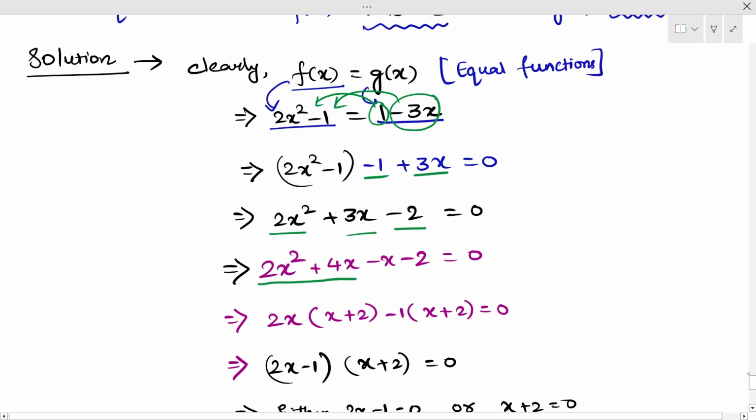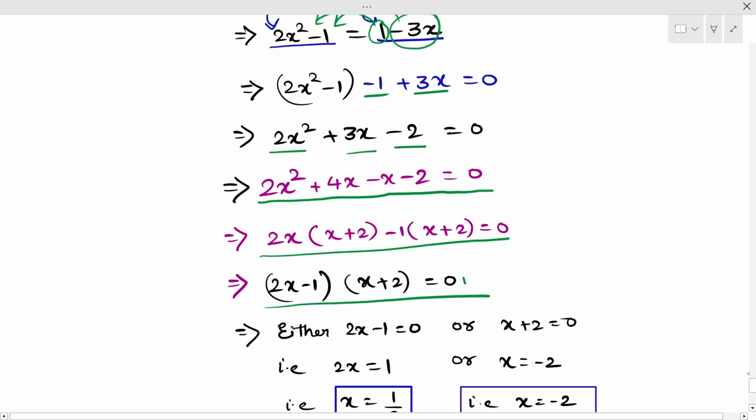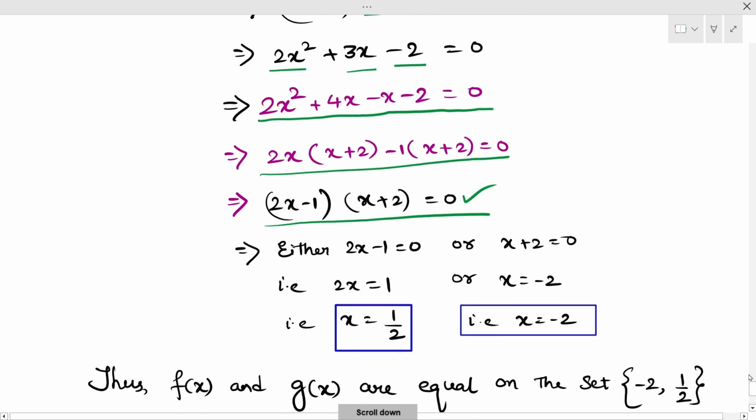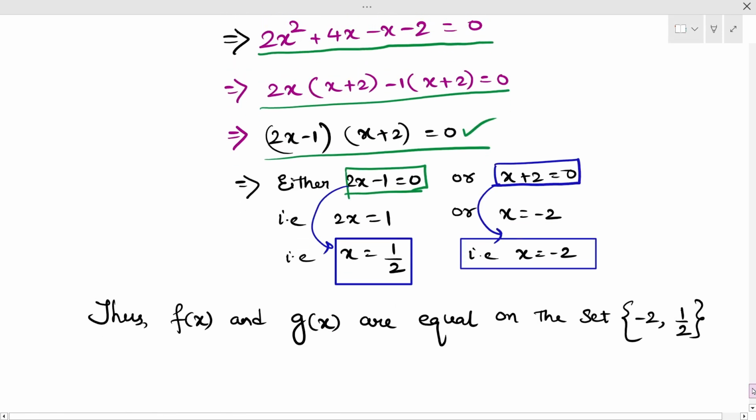This will be 2x square plus 4x minus x minus 2 equals 0. And we get it as (2x minus 1)(x plus 2) equals 0. Now by the zero product rule, either 2x minus 1 is 0 or x plus 2 is 0. From here we get x as half, and from this we get x as minus 2, right?